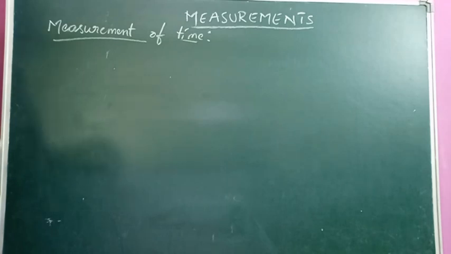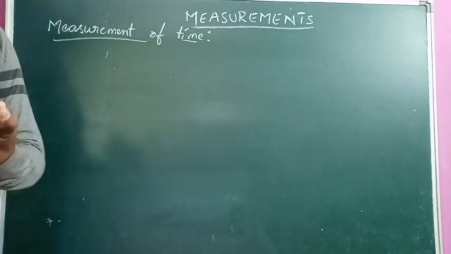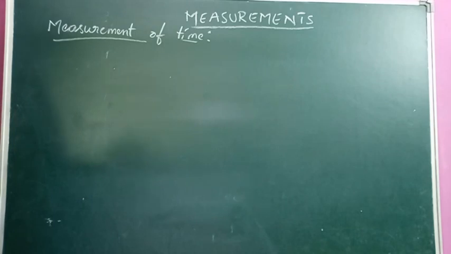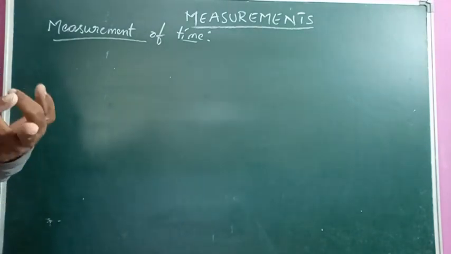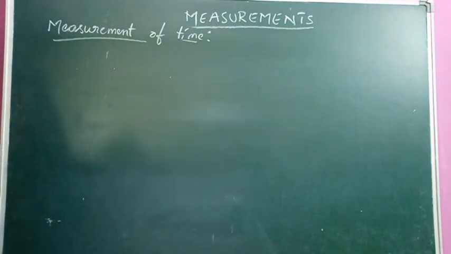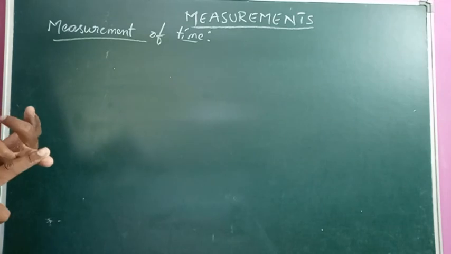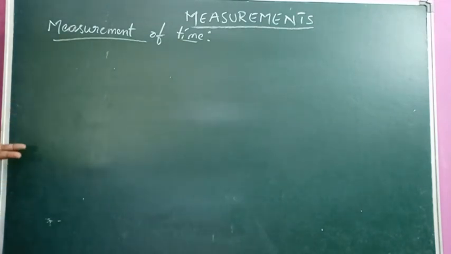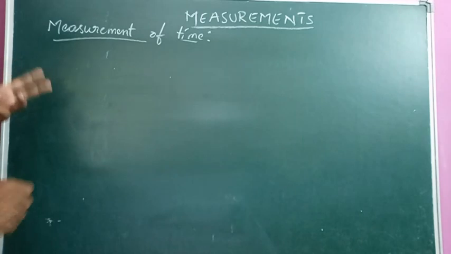We have so many types of watches and devices to measure the time, right? We can measure the time in hours, minutes, and seconds by using devices like watches and clocks.